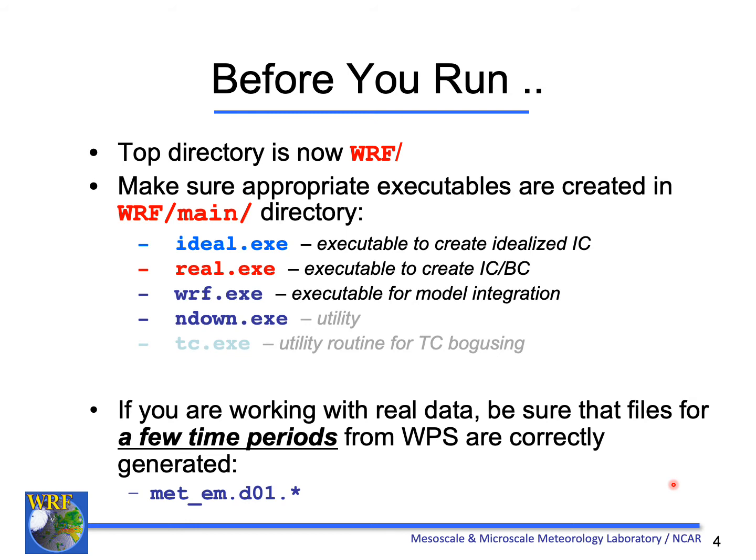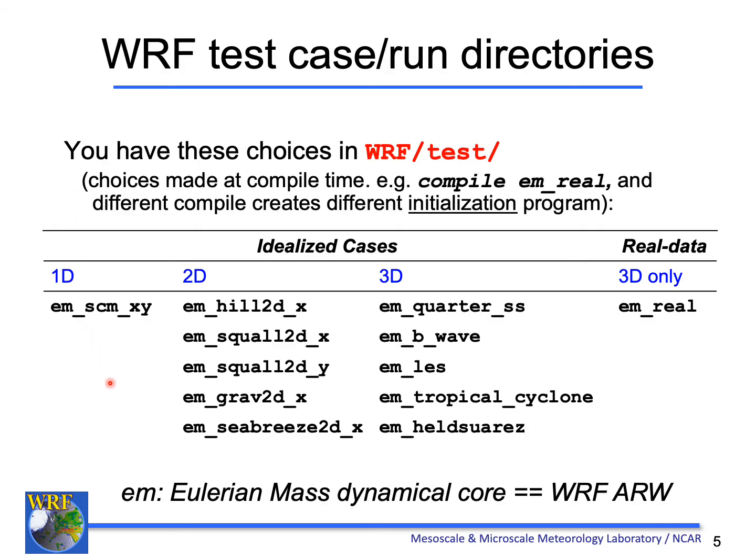If we're running real atmosphere simulations, we need first to run through the WPS programs and produce output files for a few time periods. Remember, we need data to provide lateral boundary conditions for the entire simulation time. The WRF model has a number of provided idealized cases, and these include flow over hill, sea breeze, supercell, baroclinic wave, and large eddy simulation cases.